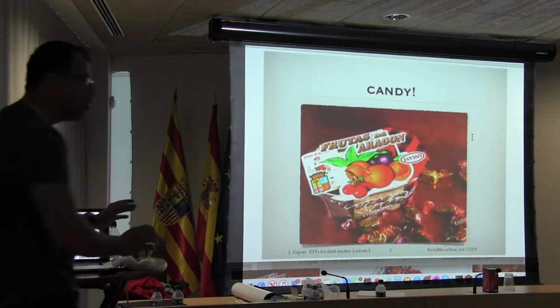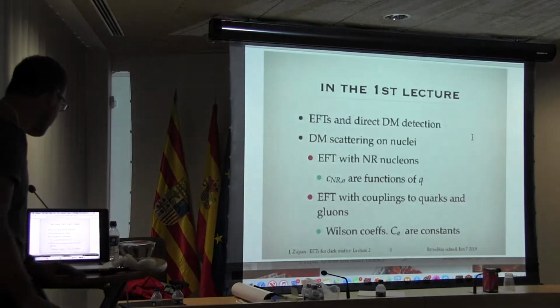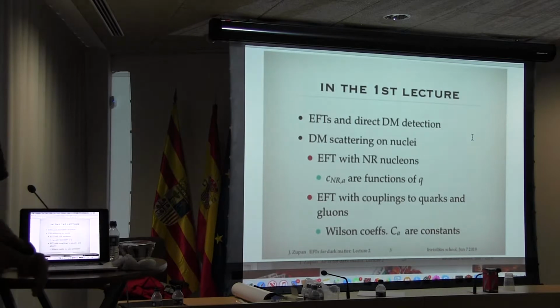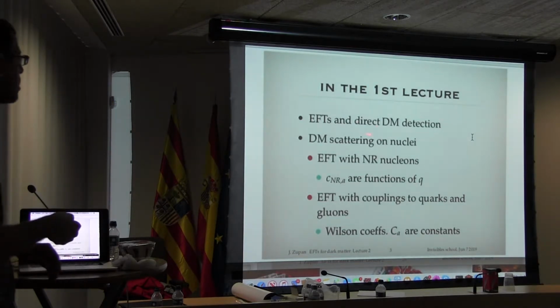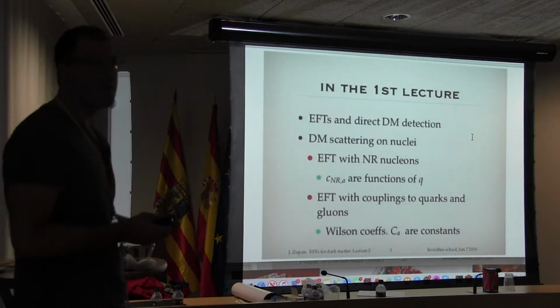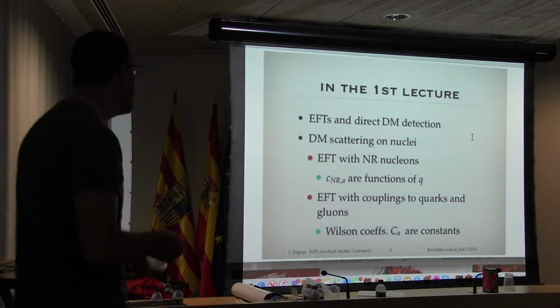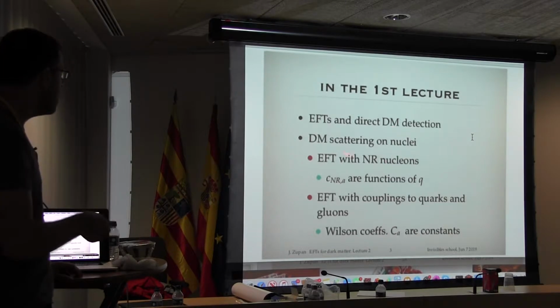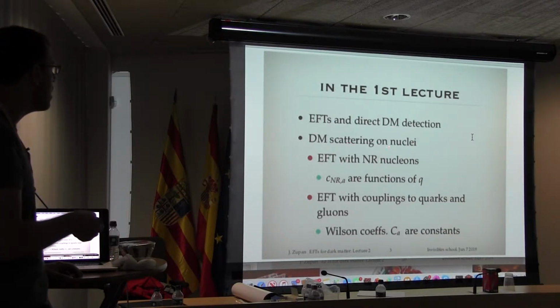So what I do is I review the rest of what we did yesterday. In the first lecture, we started with the EFTs in direct dark matter detection, and that means we focused on dark matter scattering on nuclei.